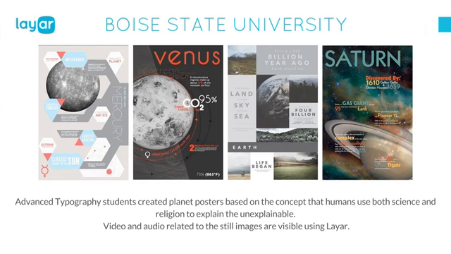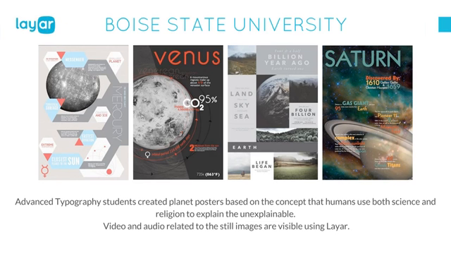Boise State University, another one. This is a series of posters that show still images, video and audio related content based on each of these different planets. As you can read there, these students have created the posters based on the concept that humans use both science and religion to explain the unexplainable.